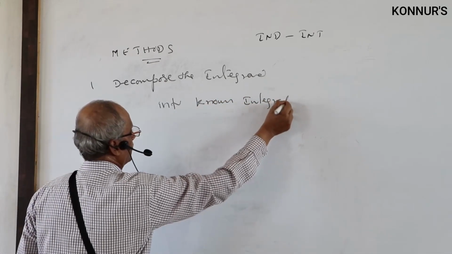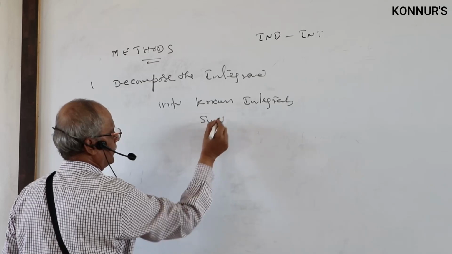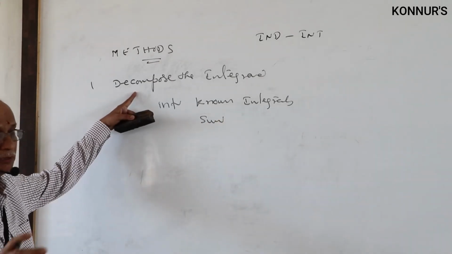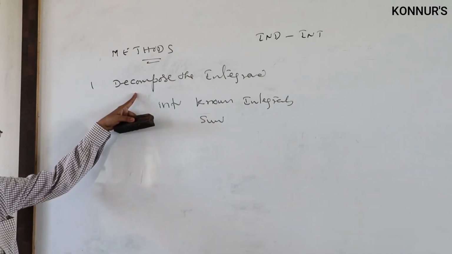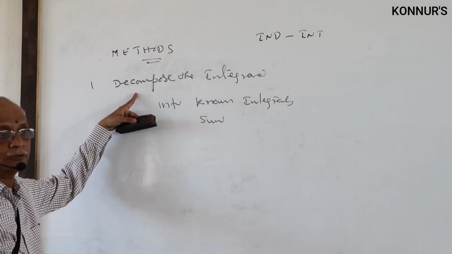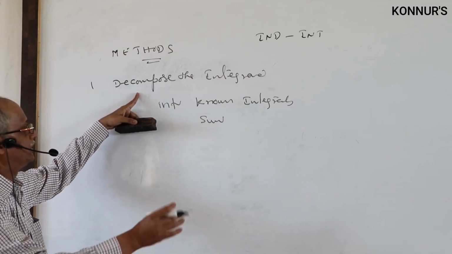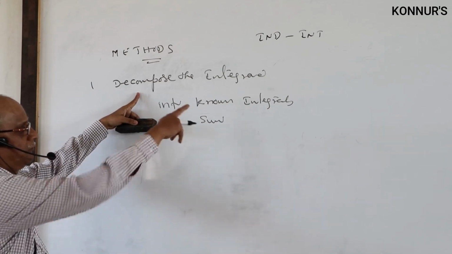Known means a sum, that is, addition or subtraction. Decomposing means simplification. Separate the terms, multiply, divide, rationalize, expand the whole square or whole cube. You will get simple terms for integration and then you will get the answer.